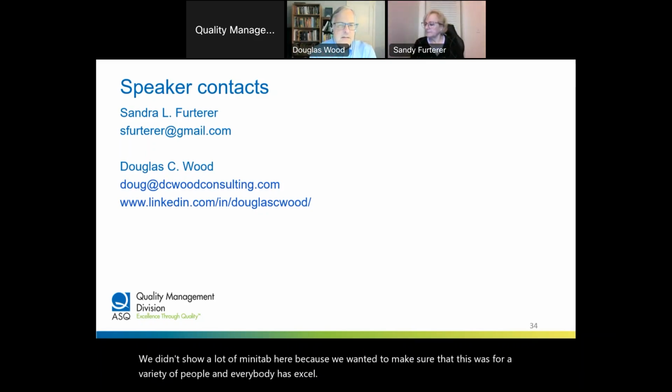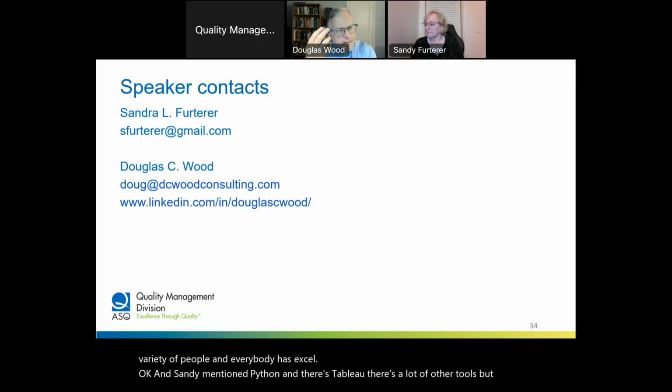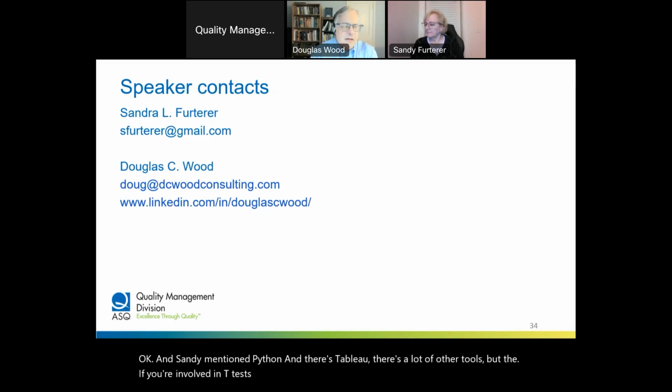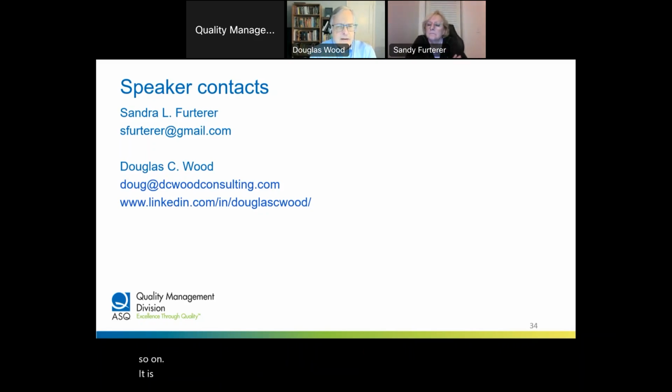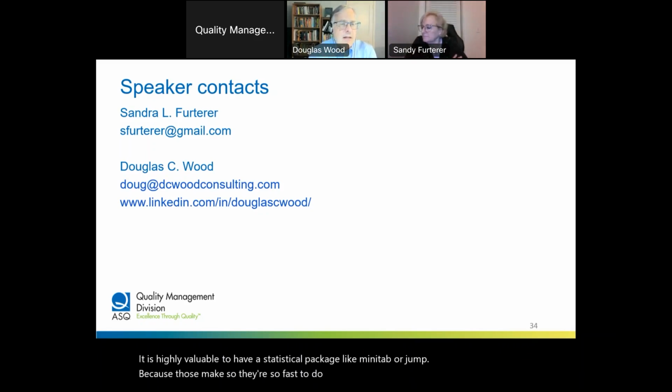Sandy mentioned Python, and there's Tableau, there's a lot of other tools, but if you're involved in t-tests and z-scores and doing a lot of statistical comparisons, it is highly valuable to have a statistical package like Minitab or JMP, because they're so fast to do the analysis, and they will be right when they do the analysis.